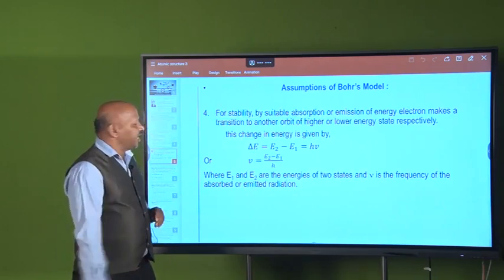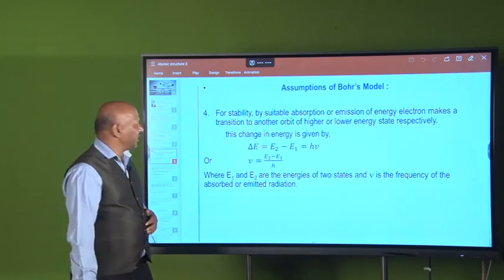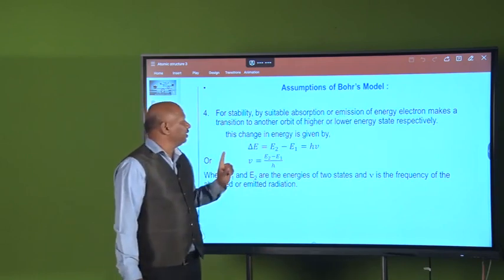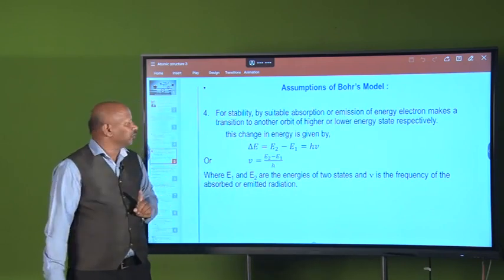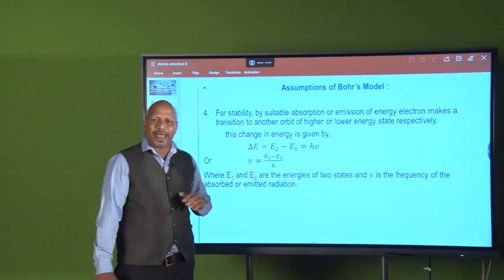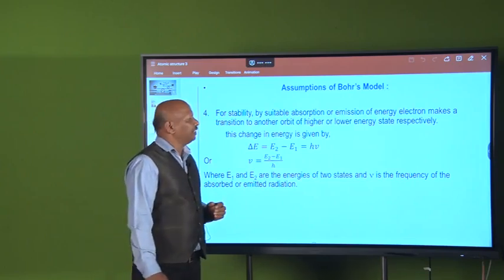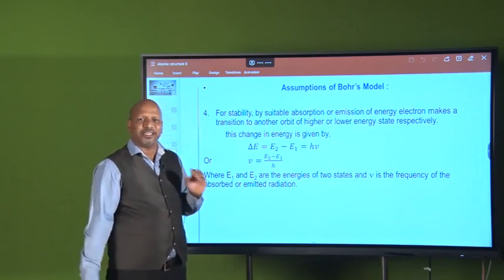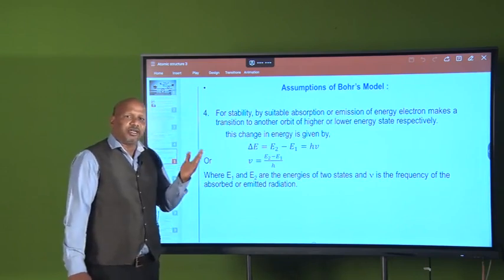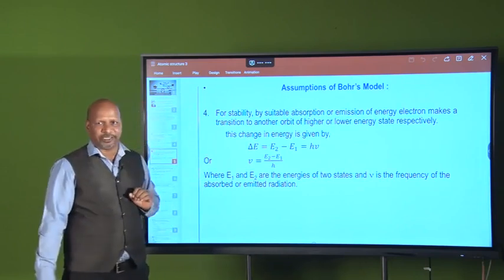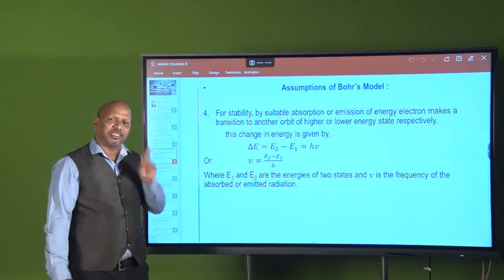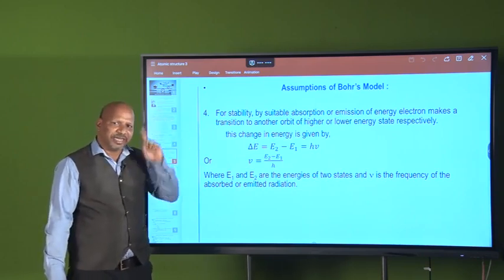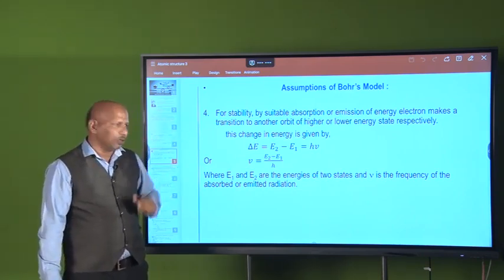The next assumption is for stability. By suitable absorption or emission of energy, the electron makes a transition to a higher state or a lower state respectively. After absorption of energy, it goes to the higher state; after emission of energy, it goes to the lower state.